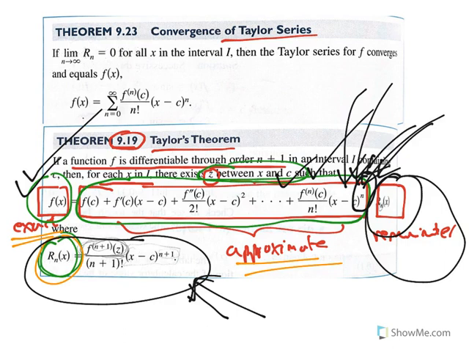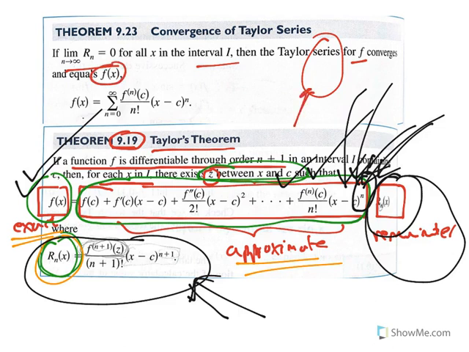And Theorem 9.23 says, if the limit of r sub n as n goes to infinity is equal to 0 for all x in the interval I, then the Taylor series for f converges and equals f of x.